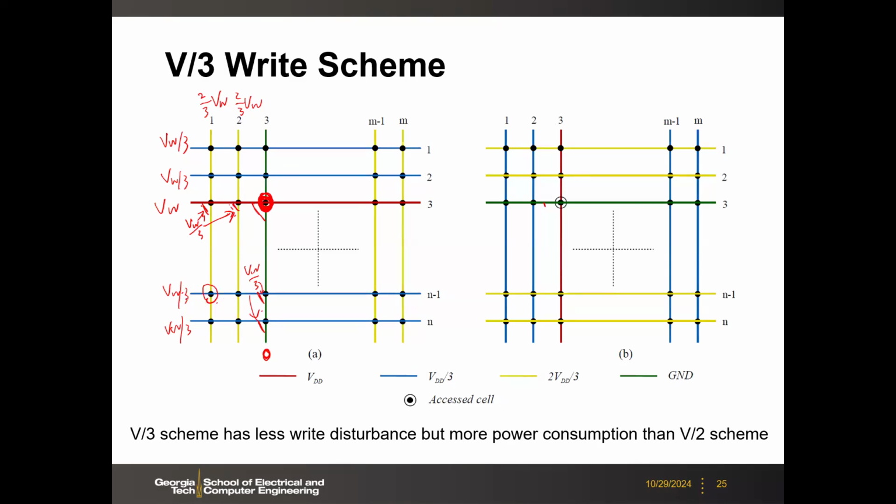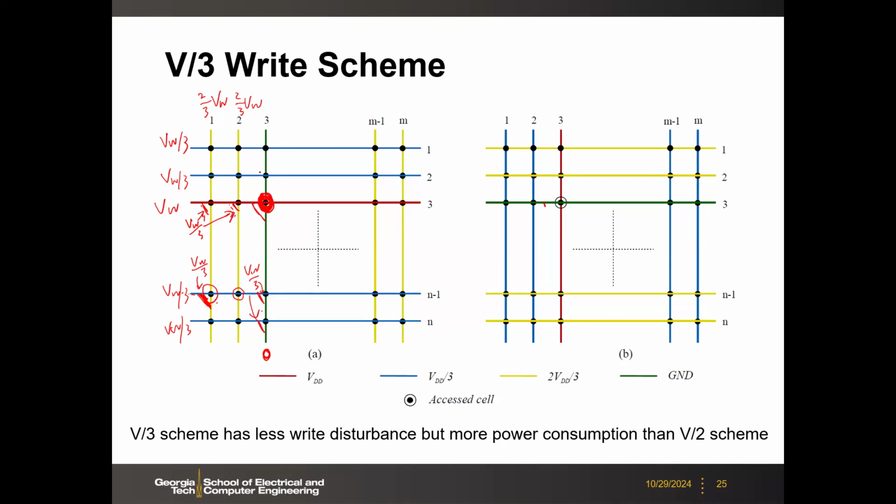Those cells will also have V over 3 across them, right? Because you have V over 3 from the row and 2/3 VW from the column. So effectively here, you also have V over 3, right? So the difference is that for all the cells here, you have V over 3, except this one, right?